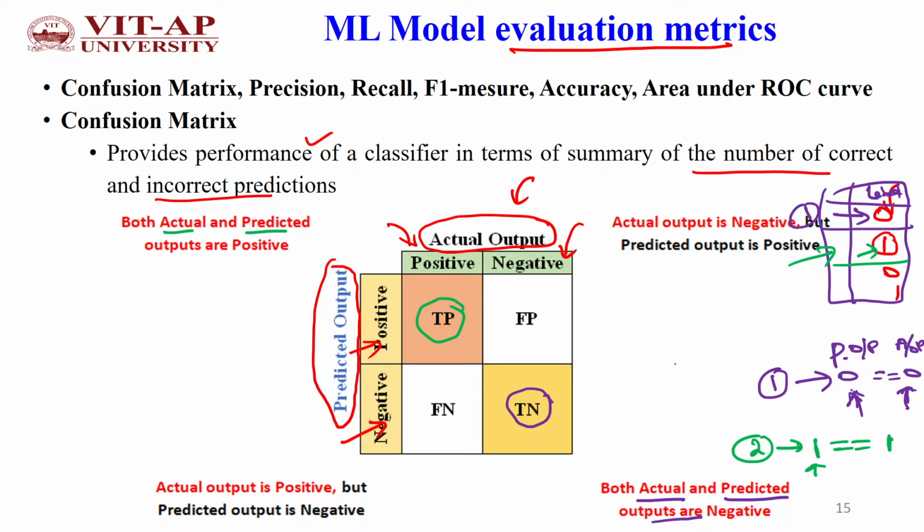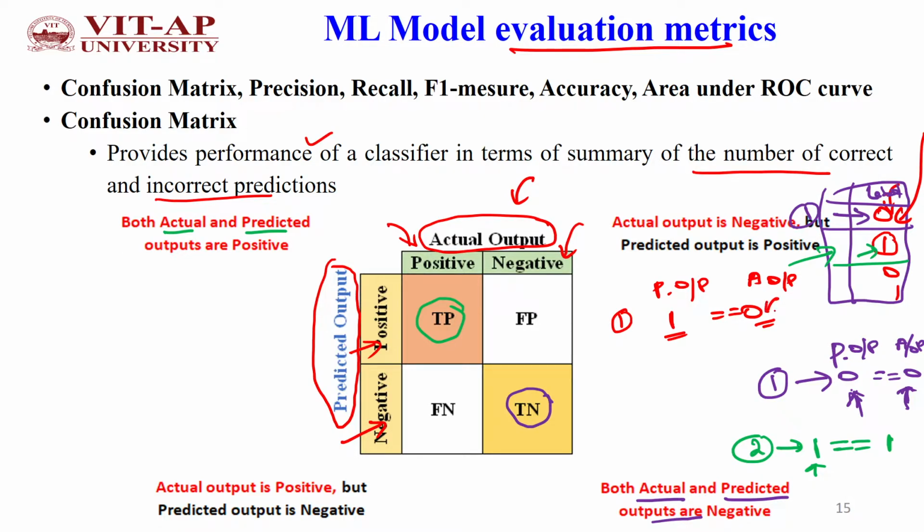Then suppose in the first sample my model predicted 1, but the actual output in the table for the first sample is 0. You see, my predicted output is 1, but my actual output is 0.